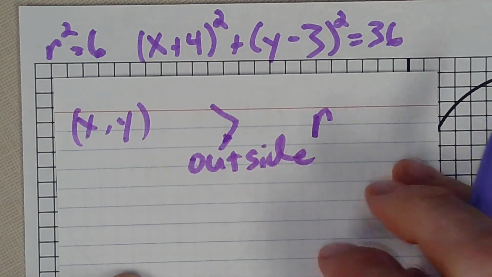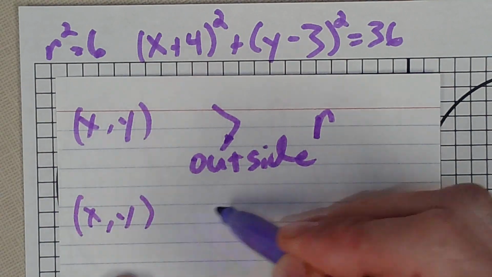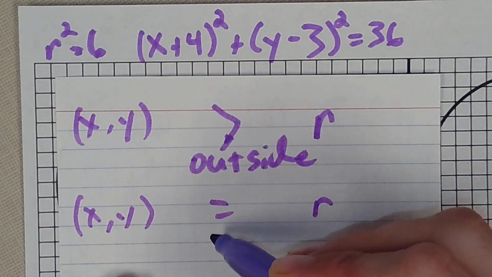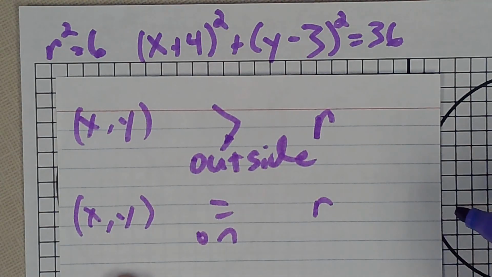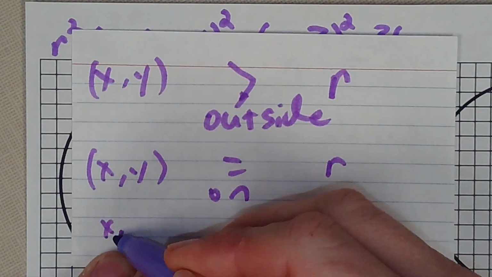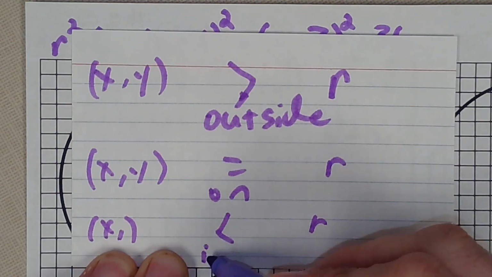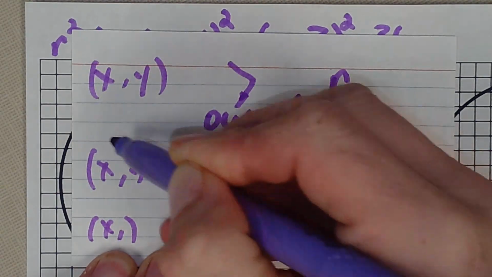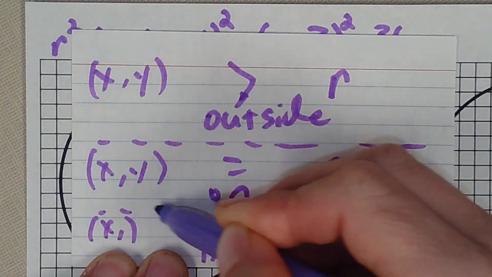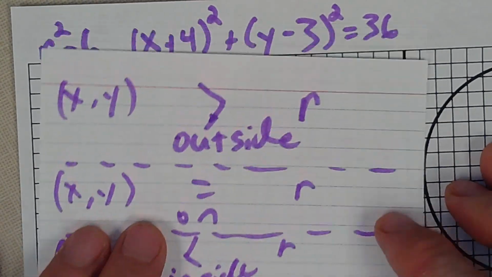If it is equal to r squared, it is on the circumference. And if it is less than r squared, it's inside. So those are the different relationships that exist when you plug values in.